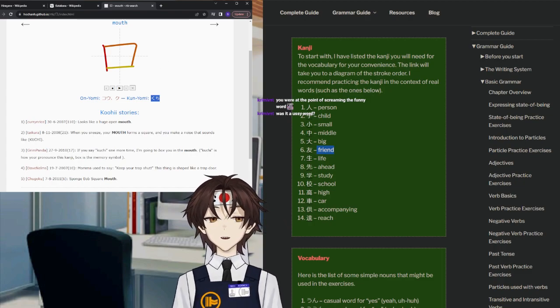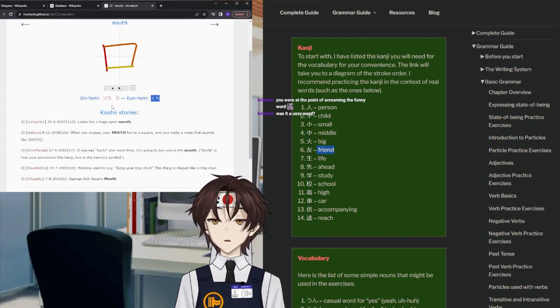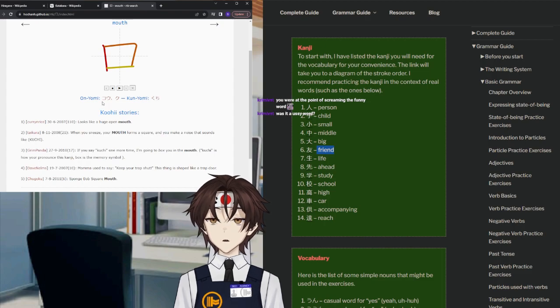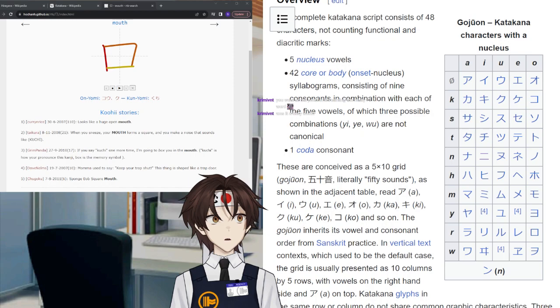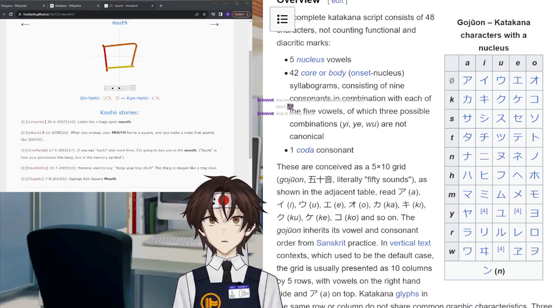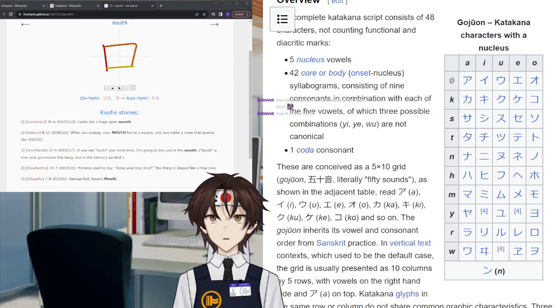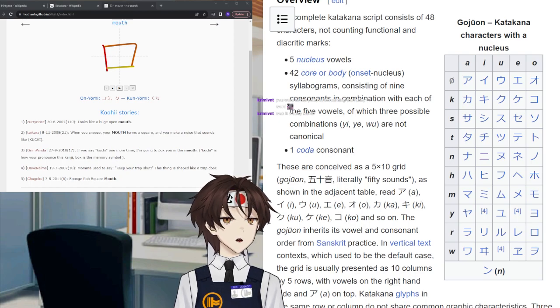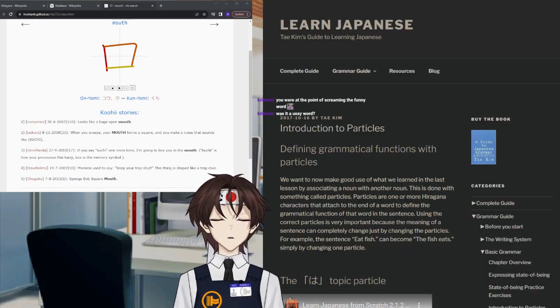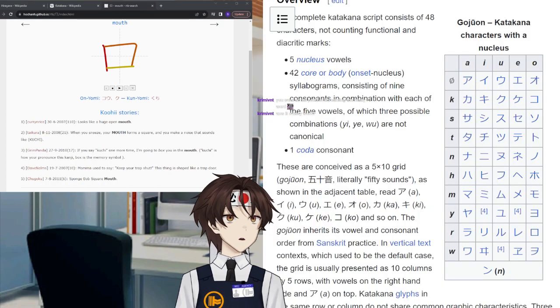Okay, so Gucci and mouth onyomi is ko. Okay, cool. So if you're just attaching mouth, that's something. It's cool or ku. No, wait, katakana.